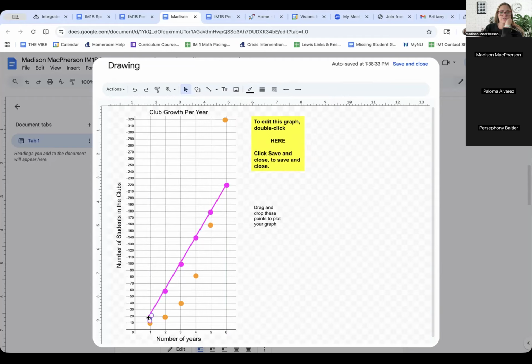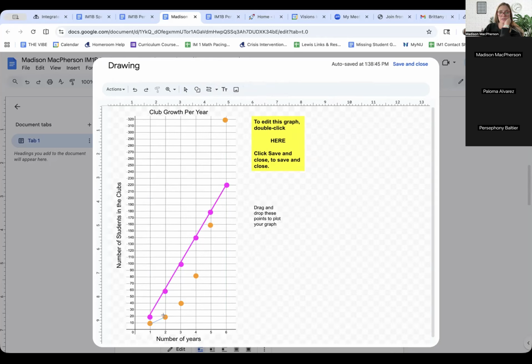Okay, so now we have that one done. Now, I accidentally had an extra line there. Okay, so now we're going to do the curved line. So you're going to go to the line tool, but go to that little arrow, pull down next to it, and go to curve. And here you're going to click on each point. So start at this bottom orange one, click on that.